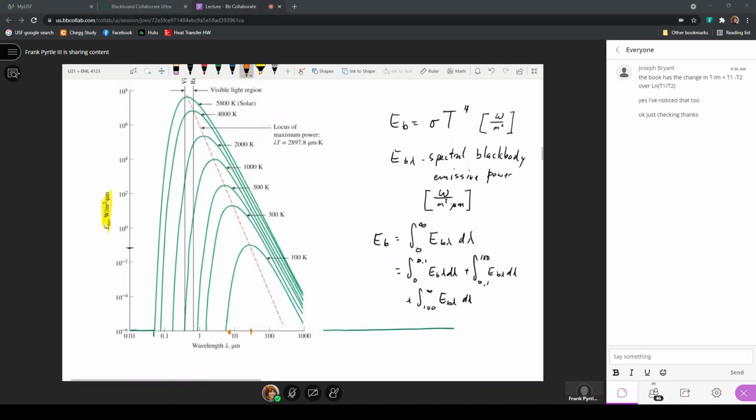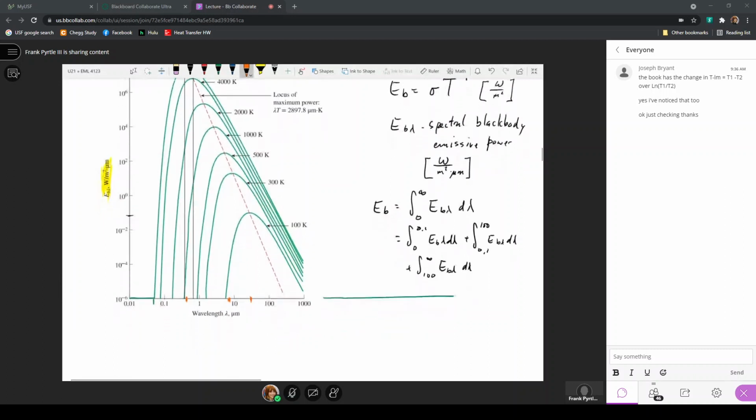At 5800 Kelvin, the peak is about here. So as the temperature increases, the area under the curve increases, the peak value for the spectral black body emissive power increases, and that peak occurs at a shifted wavelength, shifting to lower wavelengths the higher the temperature is.